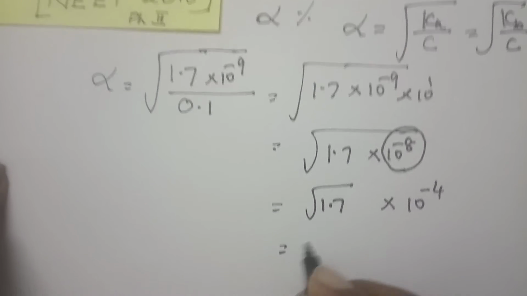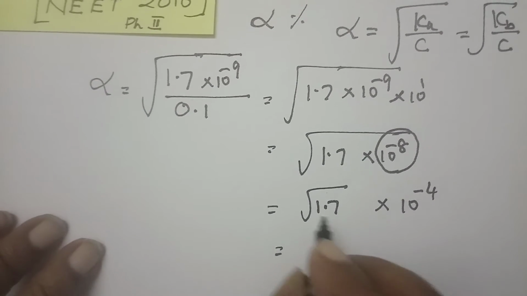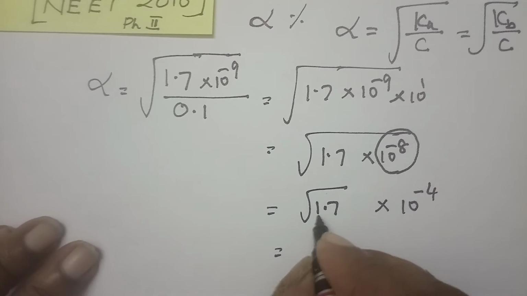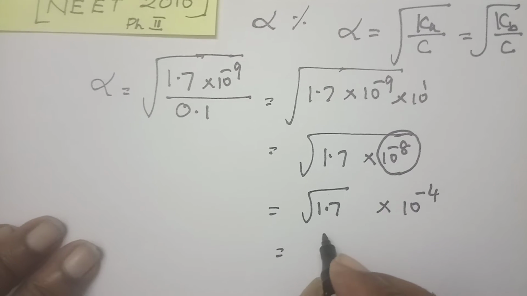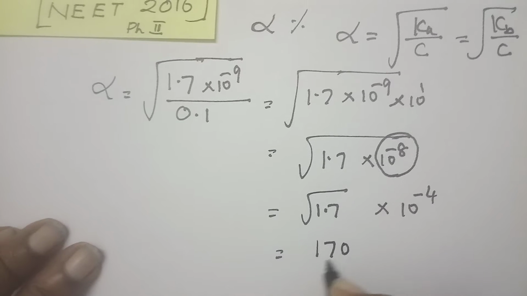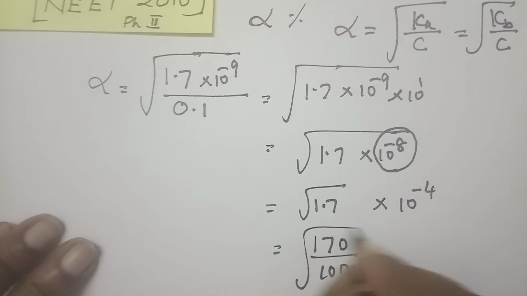For this I am using a very simple method in the exam hall. Write 1.7 as 170 divided by 100, under the square root.